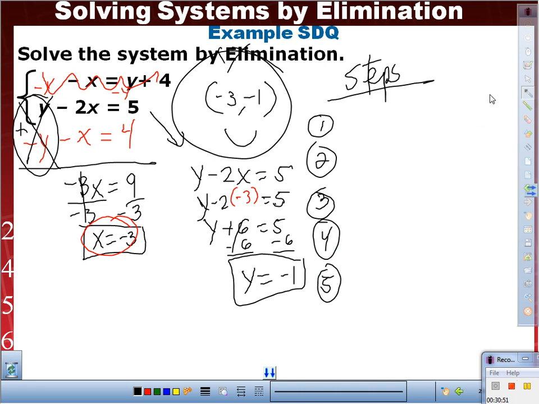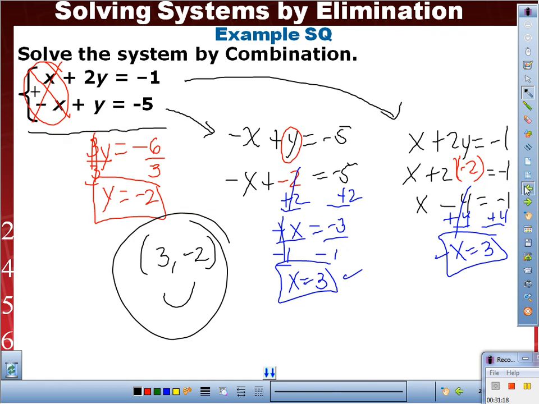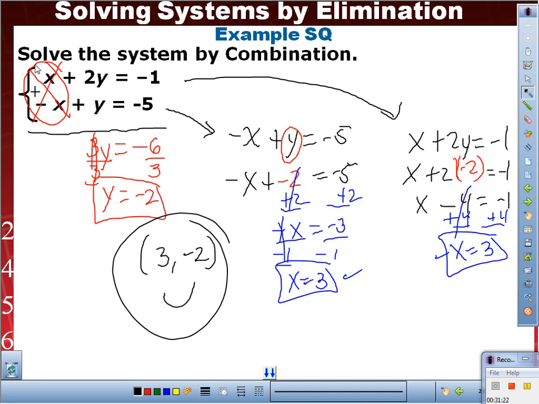Step number 1. Who can get us started? Close. Paulina said eliminate. That is step number 2, eliminate. Step number 1, yes. Solve for y, let's see. Are these solved for y? What is this called, by the way? Talk it over with your neighbor.